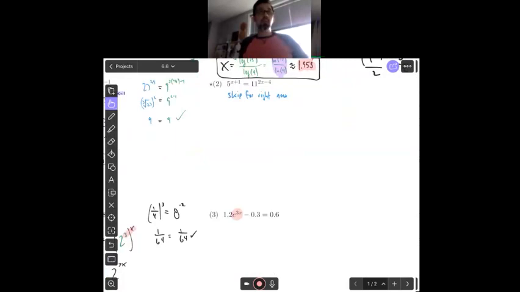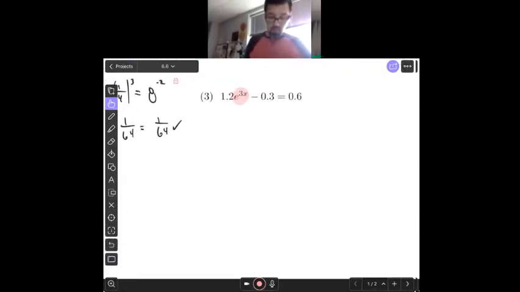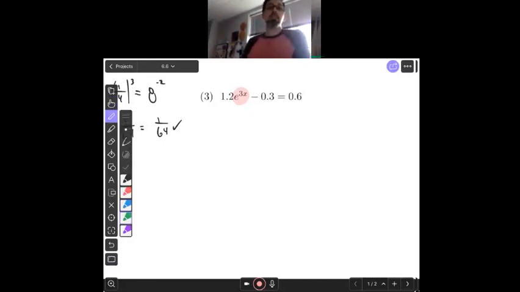All right, so moving on to question 3. So we need to isolate that power. Tiger, what should we do first to isolate the e to the 3x? Divide by 1.2.